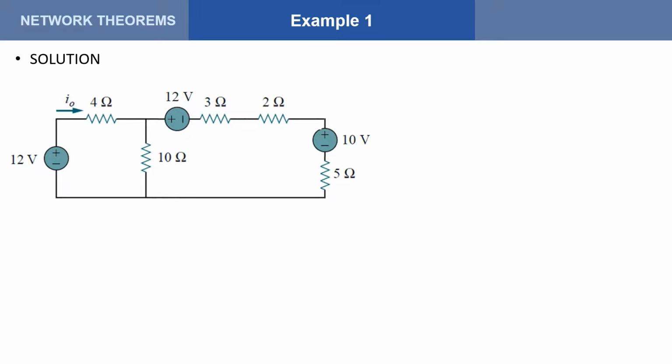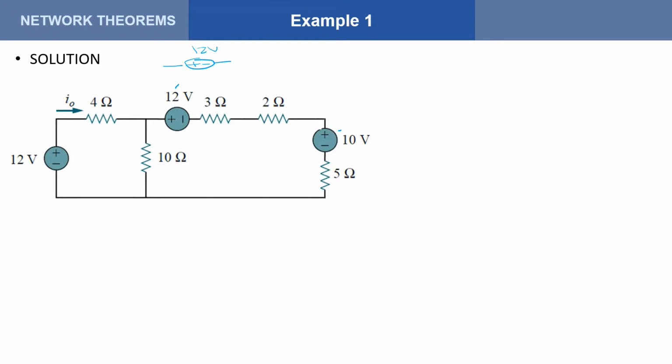Okay, so notice that we have here several elements that are in series. So for example, 12 volts and 10 volts are in series, although they are not near each other, they are considered series. Okay, so this is our 12 volts.